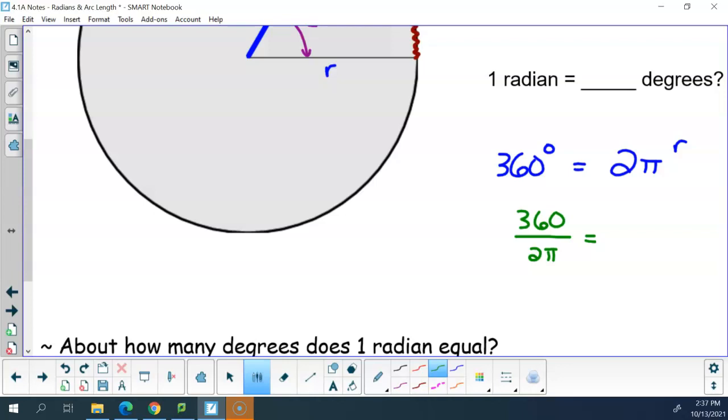Divided by 2 is 180. 180 divided by pi is, what do you got? 4 decimal places. 57.2958. Yes, 58.